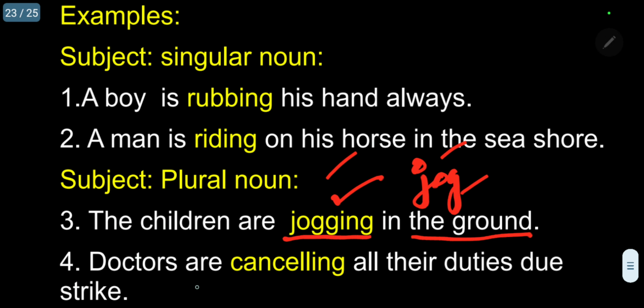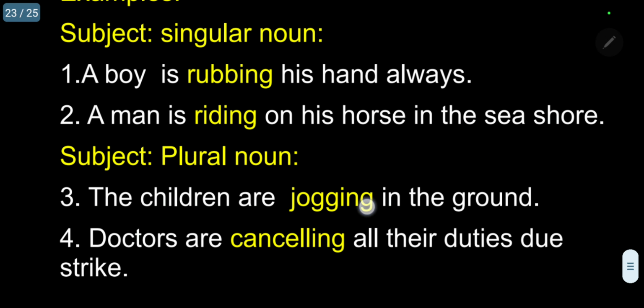The same way, the next one: doctors are cancelling all their duties due to strike. Cancel. Again, kindly follow, the L before it is preceded by the vowel E, so L is doubled and ing comes.